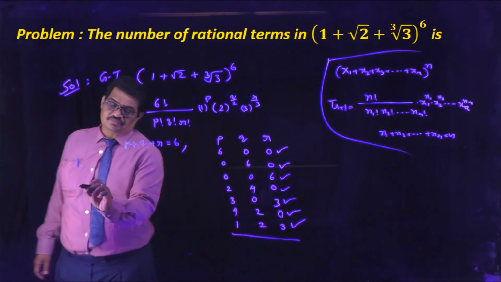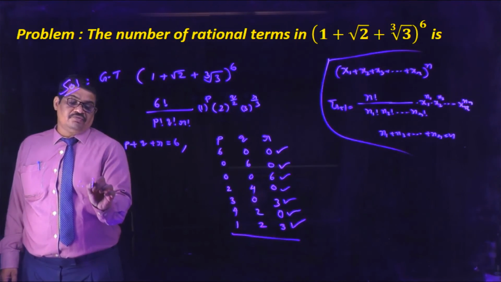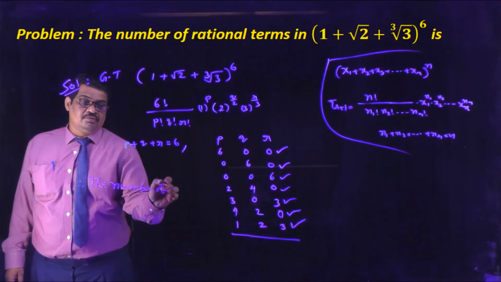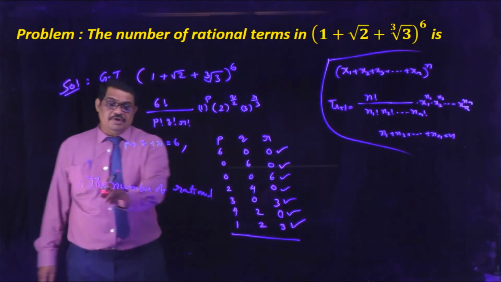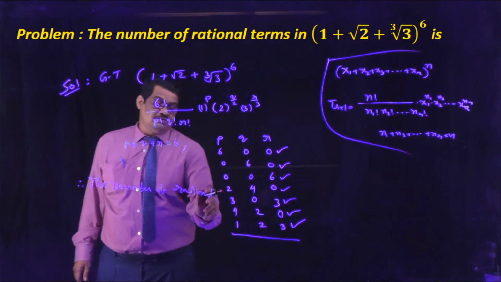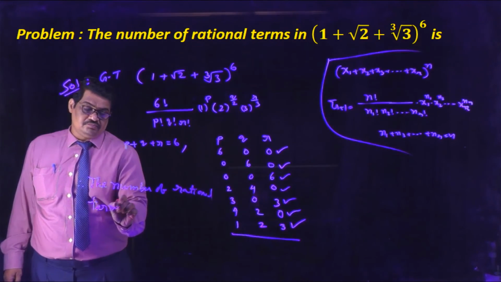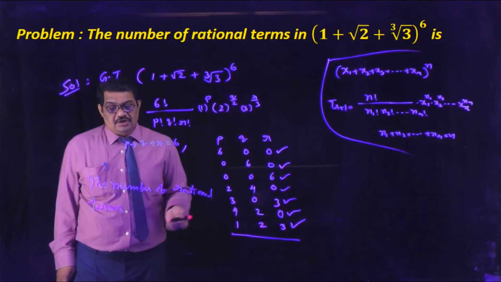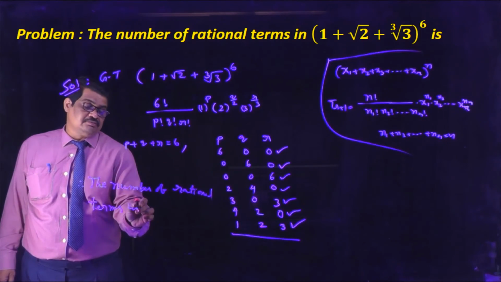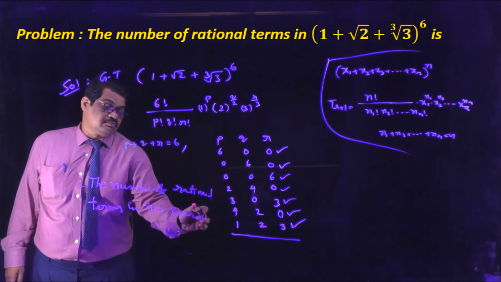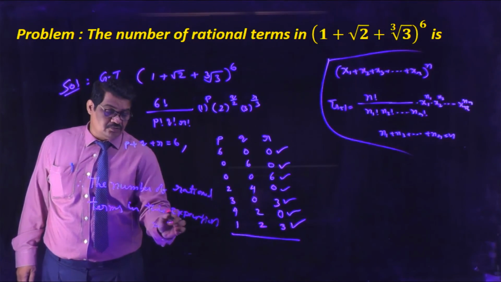Therefore, the number of rational terms in this expansion is equal to 7.